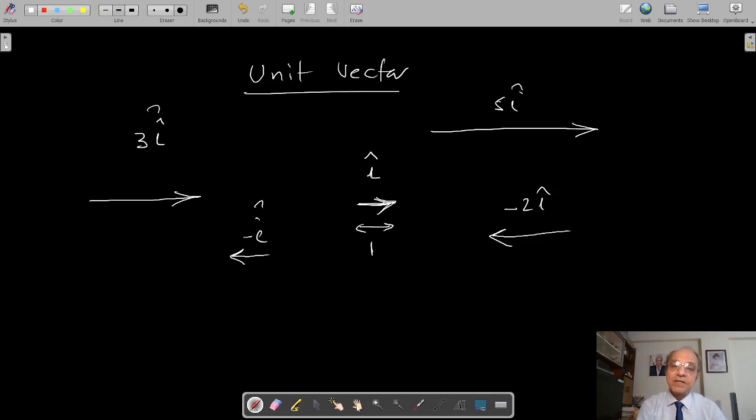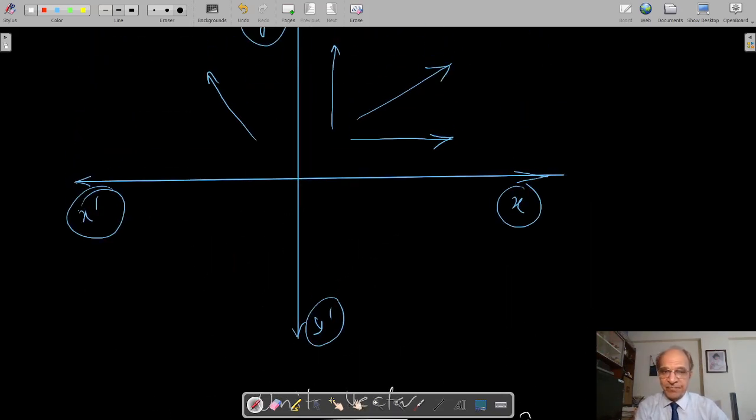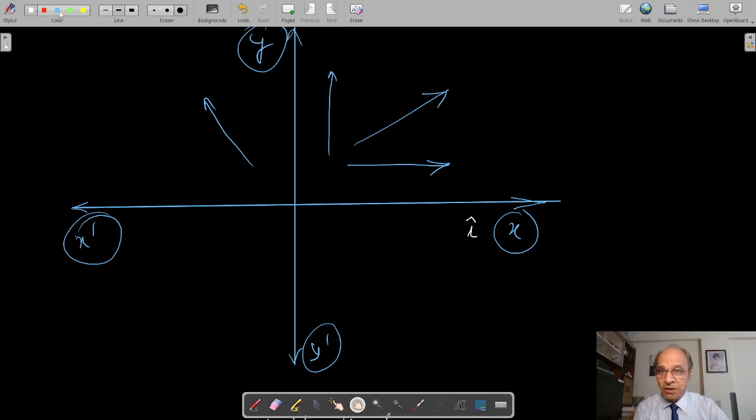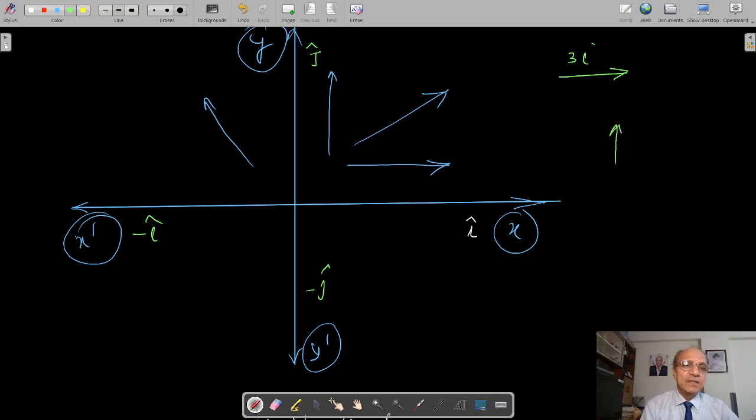So I is a unit vector along the x-axis. The unit vector along the y-axis is J. Naturally, the unit vector along the negative x-axis will be minus I, and along the negative y-axis would be minus J. So this is 3I, this is 2J, this is minus 4I, this is minus 3J.